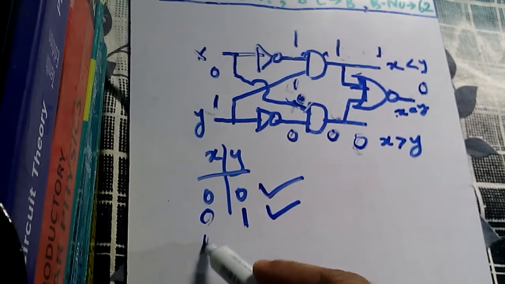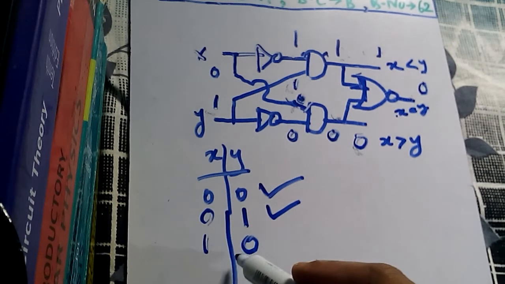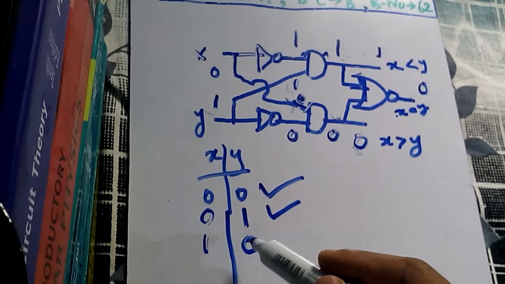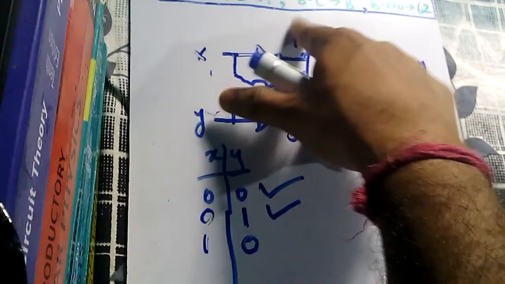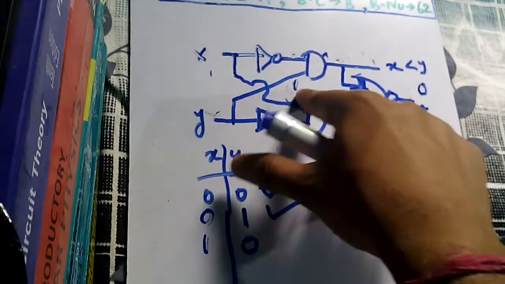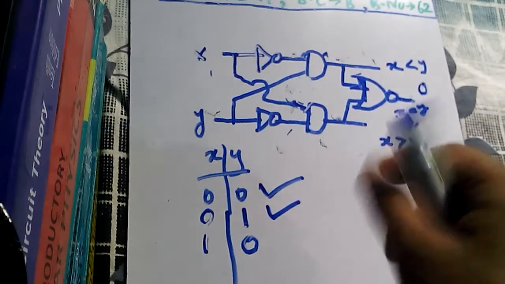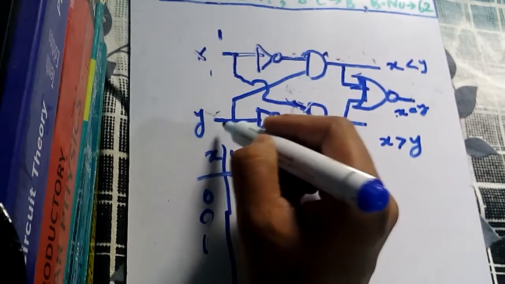Now the next combination we are going to check is 1 and 0. This 1 and 0 combination we need to check. So let's just remove the previous values. These previous values I have removed. Now let's check. This x is 1 and y is 0.